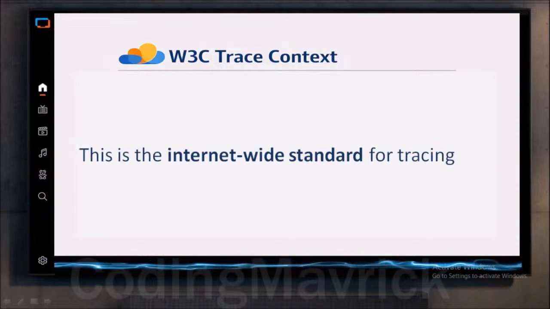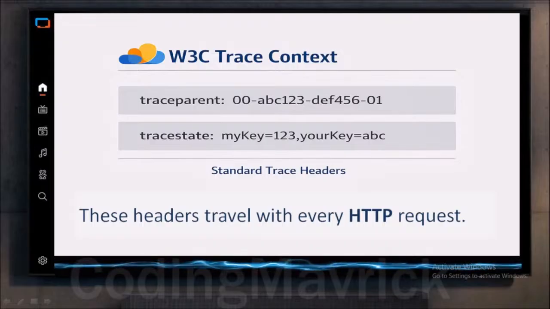Now viewers, we see what is W3C Trace Context. Viewers, to make tracing work across the entire internet, there is a standard called W3C Trace Context. It defines two special HTTP headers, traceparent and tracestate. These headers travel with every request.